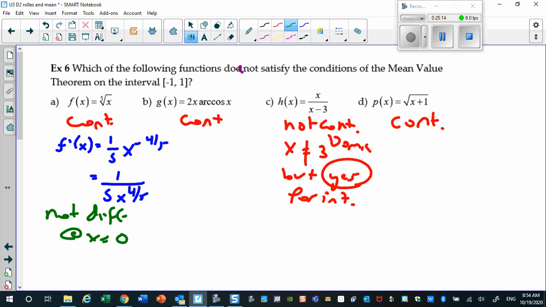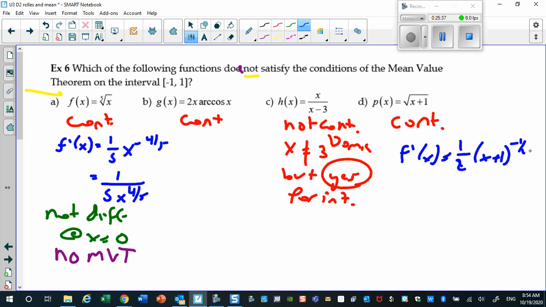It means you cannot use MVT. No MVT. Which one does not satisfy? That one doesn't satisfy. Just because I'm on the track of doing derivatives of fraction of radicals, 1/2, x plus 1 to the negative 1/2, and then times 1 because it's chain rule, which makes us 1/2 the square root of x plus 1.